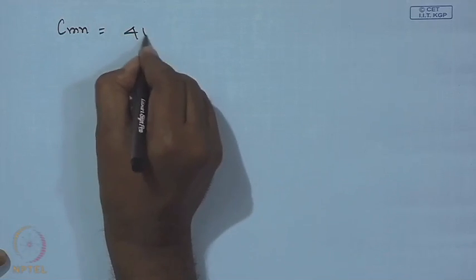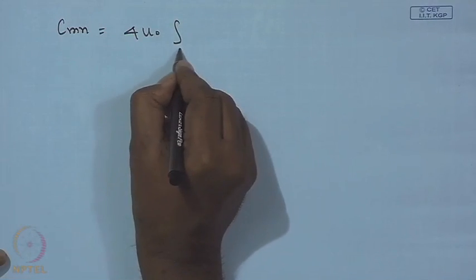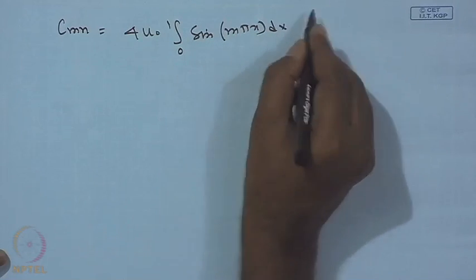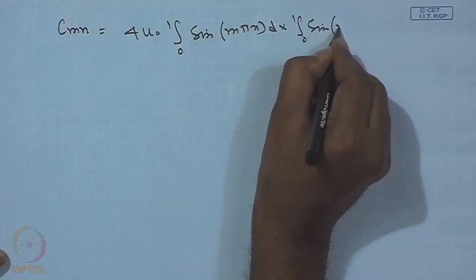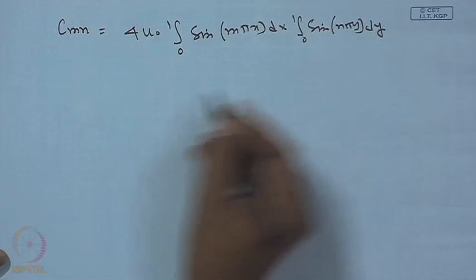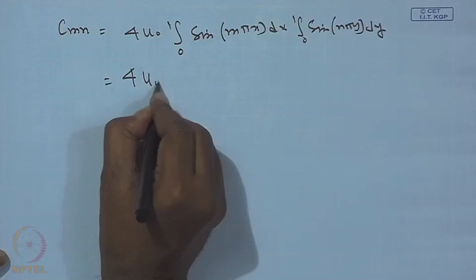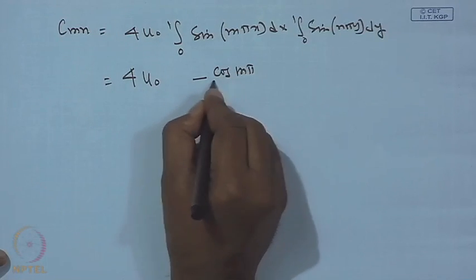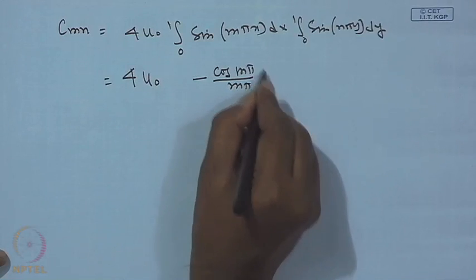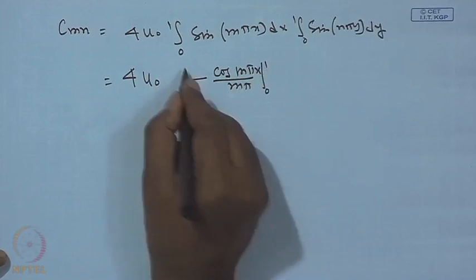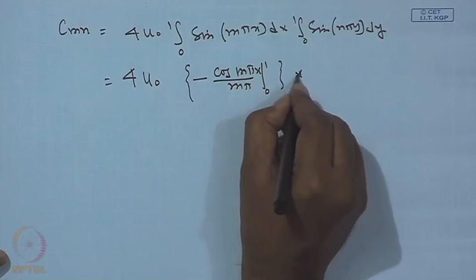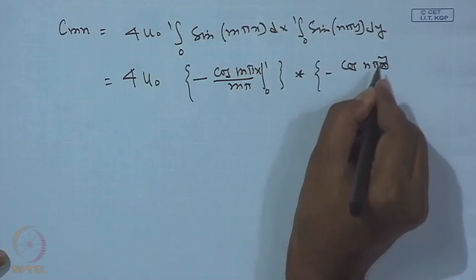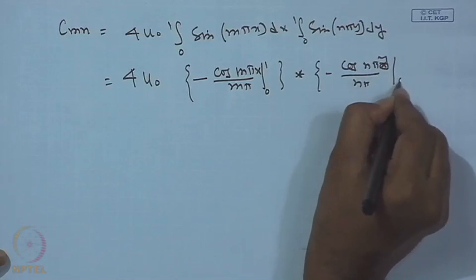four times u naught, integral 0 to 1 sin m pi x dx, integral 0 to 1 sin n pi y dy. So, this becomes 4 u naught, minus cosine m pi x divided by m pi evaluated from 0 to 1, multiplied by minus cosine n pi y divided by n pi evaluated from 0 to 1.